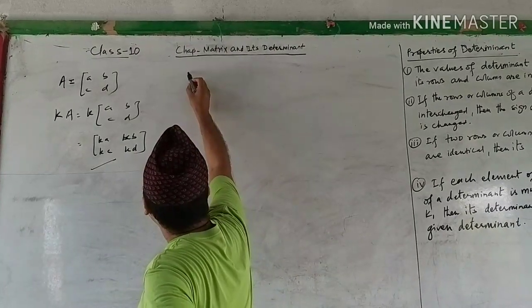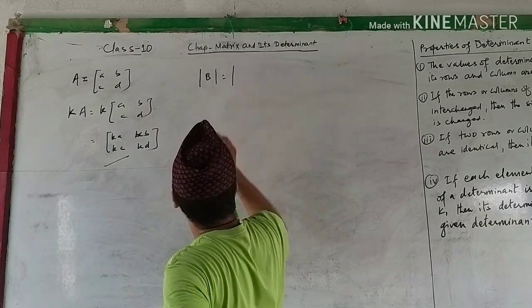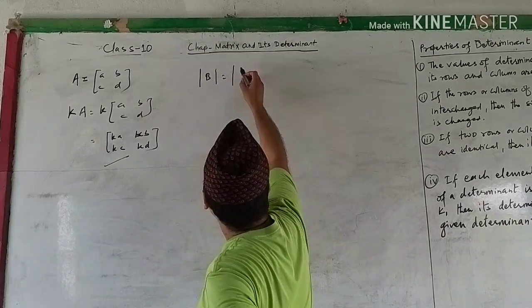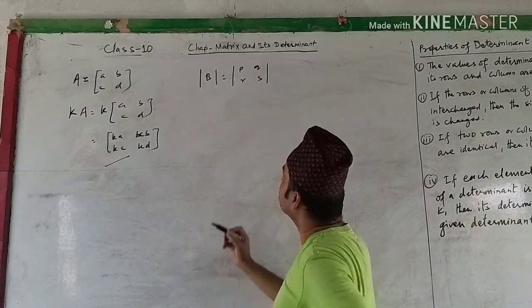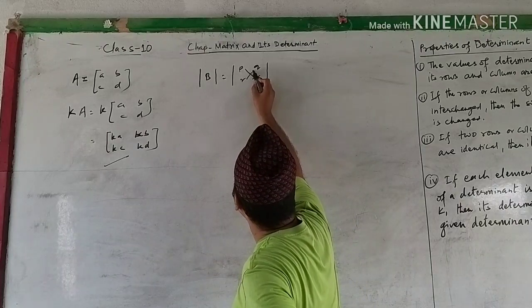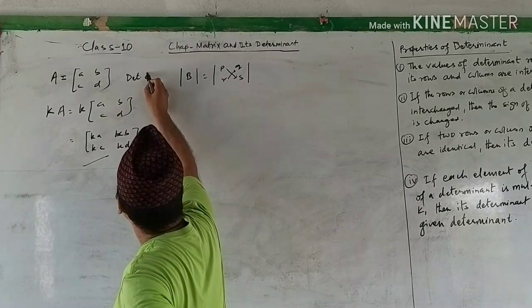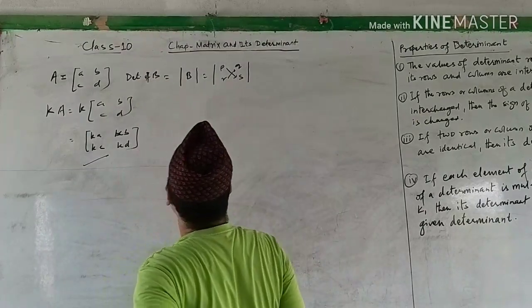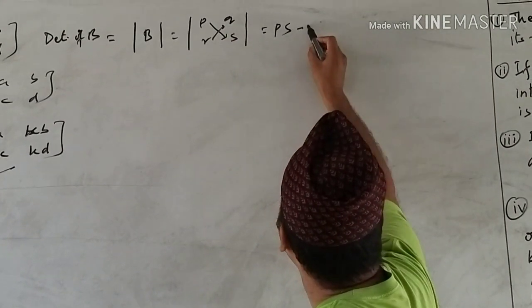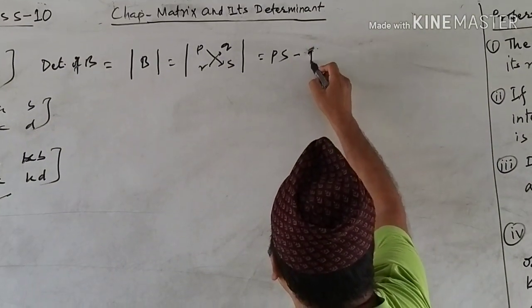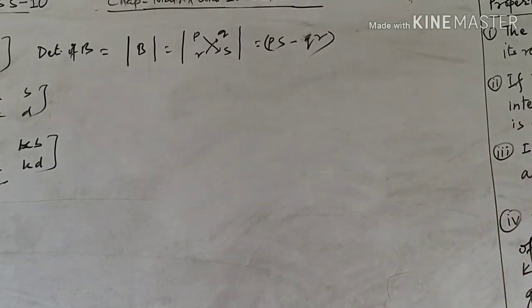Let us find the answer. The determinant of matrix B is p into s, ps minus qr. The answer is ps minus qr.